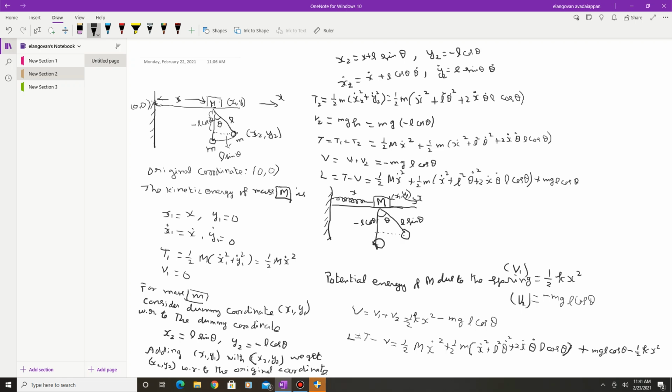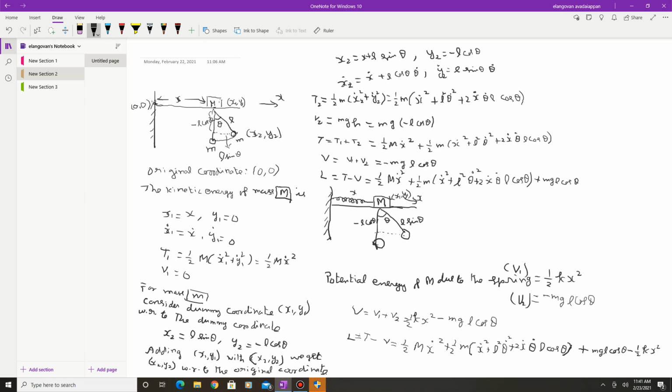Now the total potential energy is the sum of V1 plus V2. V1 is the potential energy of the block of mass M, which is 0. V2 is the potential energy of the bob of mass m, which is minus mgL cos theta. Once you add, this is the total potential energy.